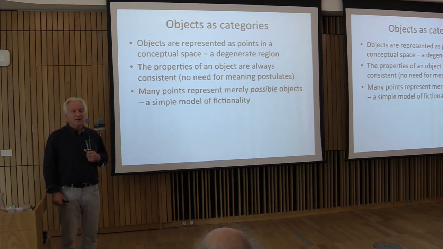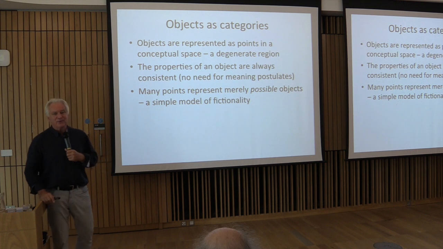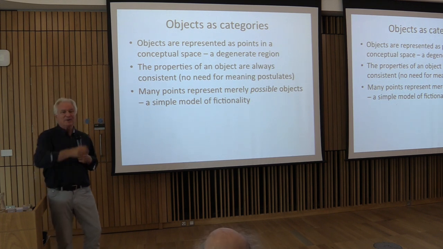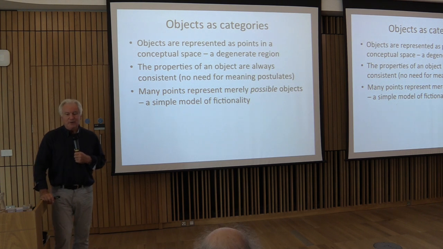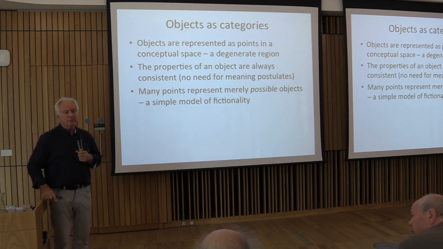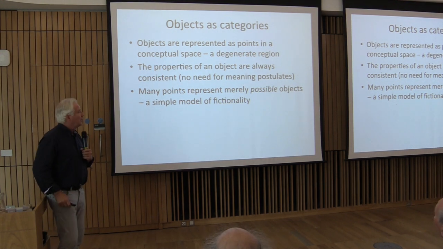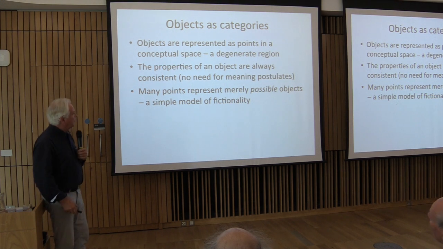They don't exist. But you can construct a unicorn as a kind of deer with one horn in its forehead. It's a possible object. It's something that you can fit into a conceptual space. So fictional objects are no problem here because they are just possible points in a conceptual space. So they are treated in the same way as ordinary objects. It's a simple model of fictionality.